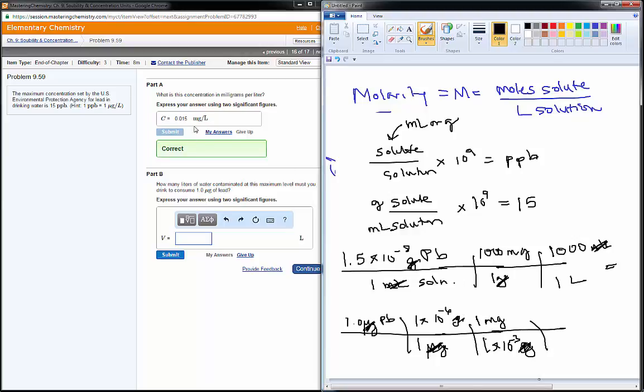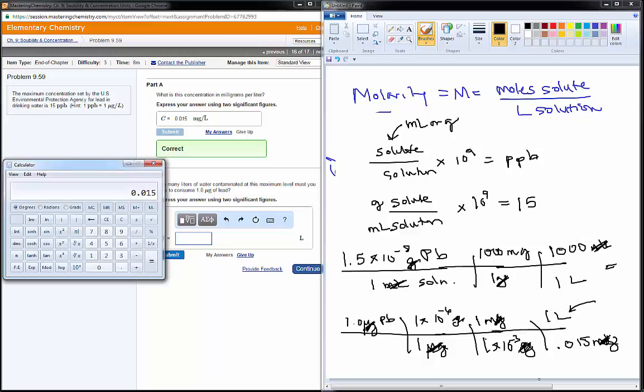And now I can plug in what I calculated here, now that I've gotten to milligrams, that I have 0.015 milligrams in every 1 liter of solution. Milligrams cancels, and I'll see what volume of solution I would have to drink in order to get a microgram of lead.